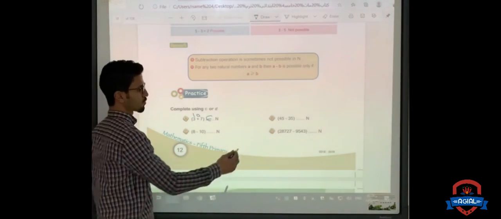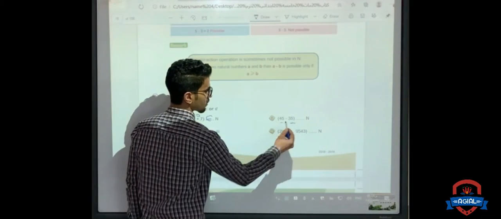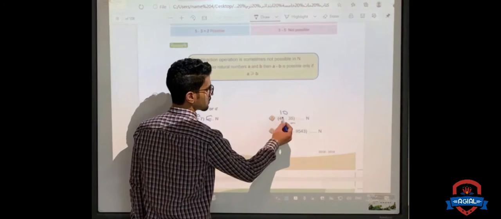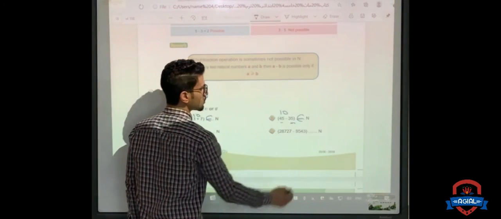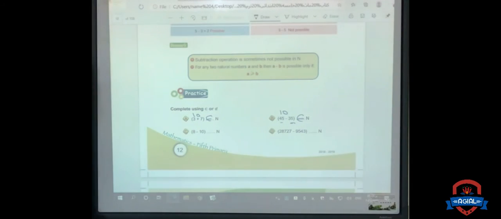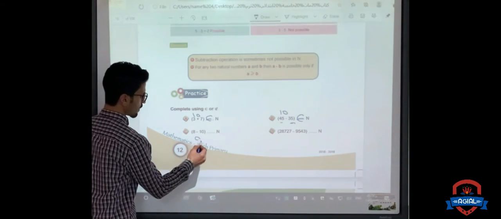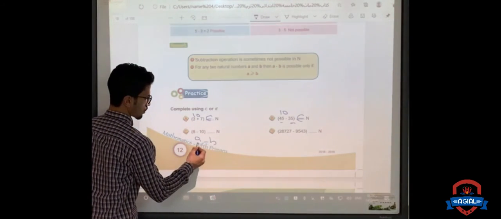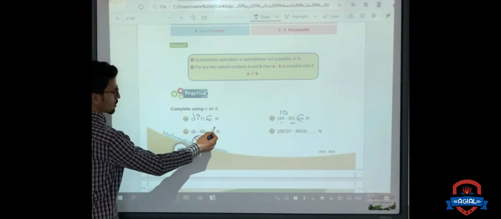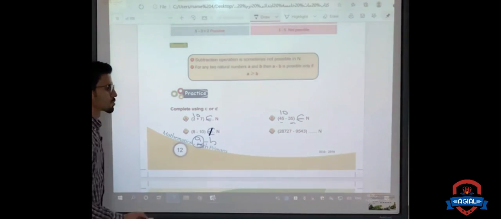So 45 is greater than 35, and the difference between these two numbers equals 10, so this belongs to N. And in letter C we have 8 minus 10, and we said that if we have a minus b, a should be more than or equal to b, so this doesn't belong to the natural numbers.